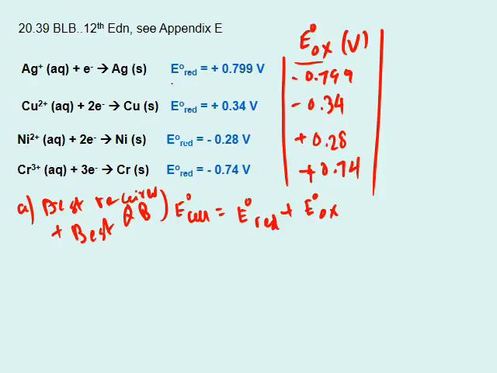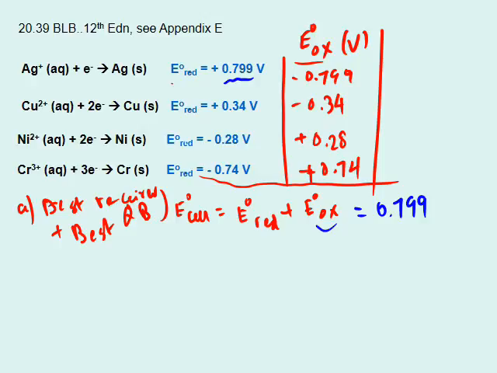How do I get those values? Let's look at that closely. The best receiver of electrons must have the largest possible reduction value. The first column of numbers has the reduction values. So obviously 0.799 is the largest value, so that's the best receiver here. Let's write down that number, 0.799, obviously positive.